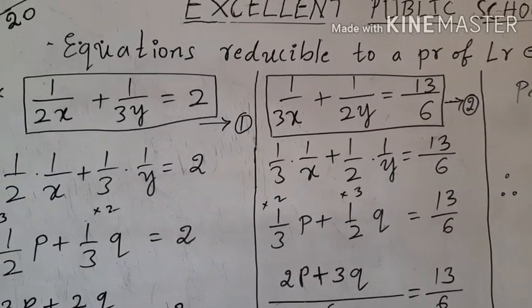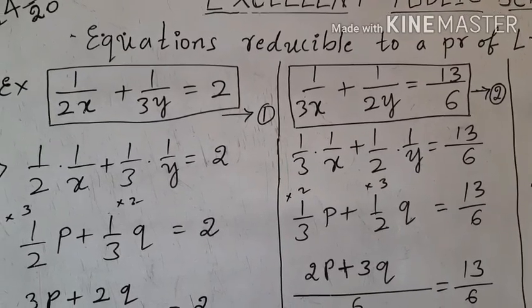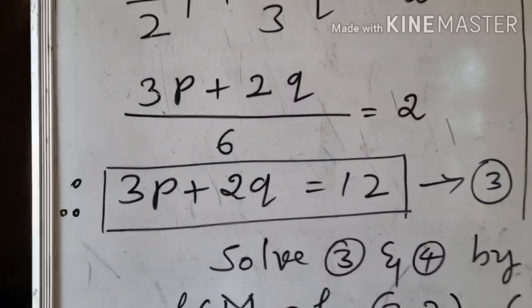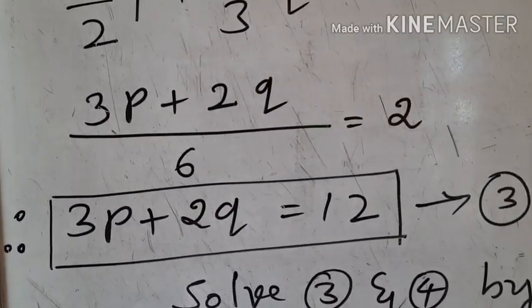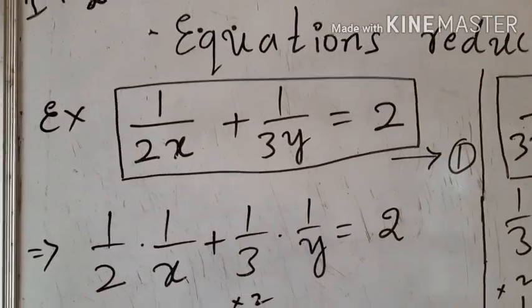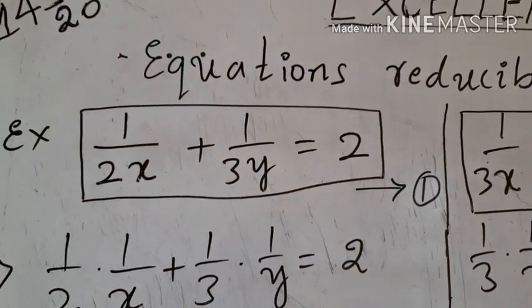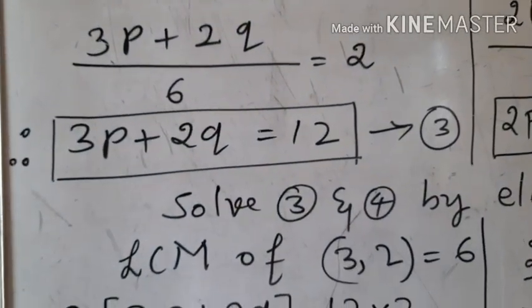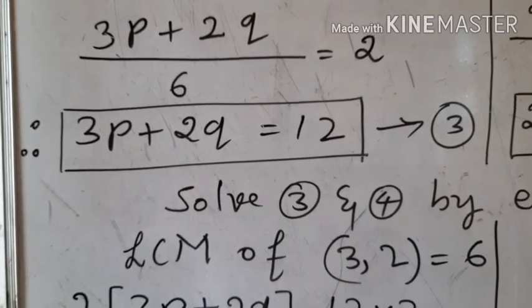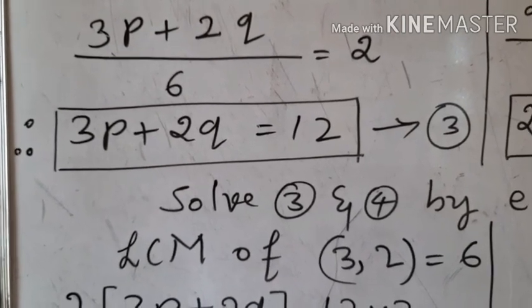For example, 1 by 2x plus 1 by 3y is equal to 2 is reduced to 3p plus 2q is equal to 12, which is a linear equation in p and q. The given equation is an equation in x and y, but it is converted or reduced to an equation which is linear in p and q.